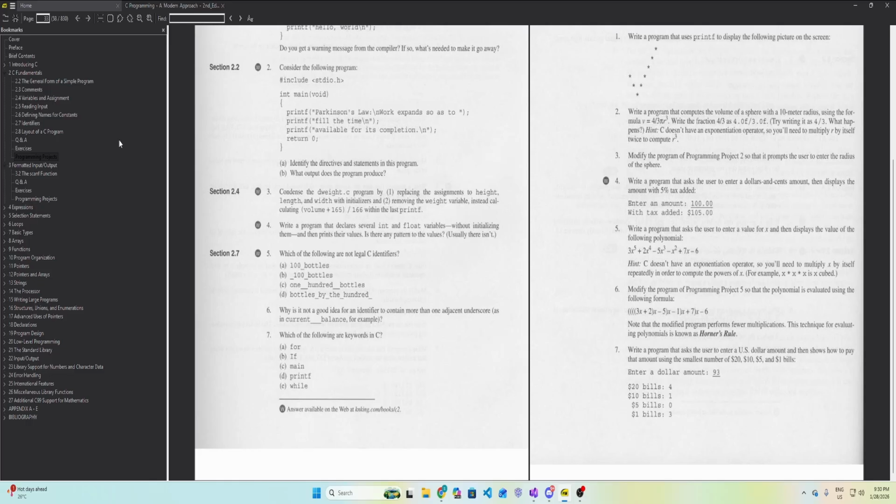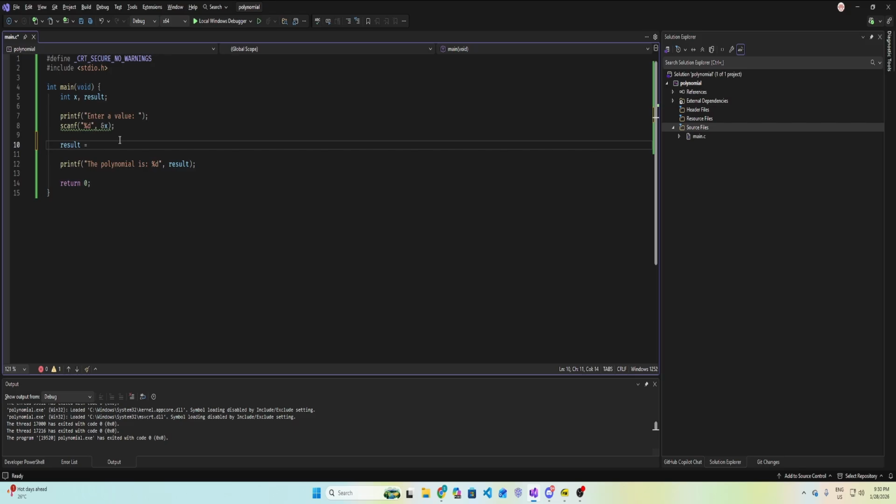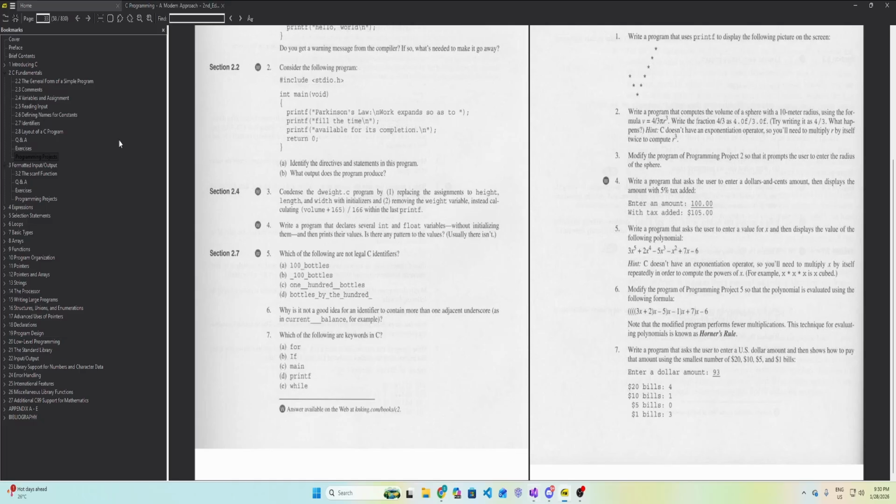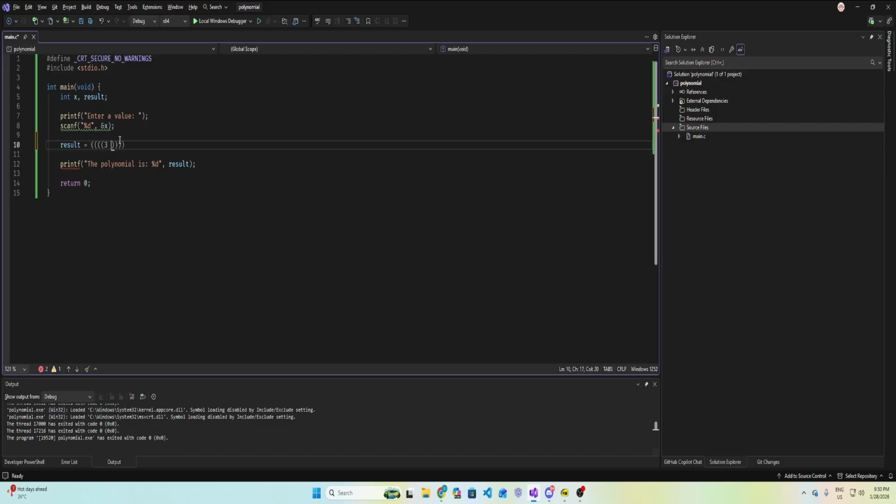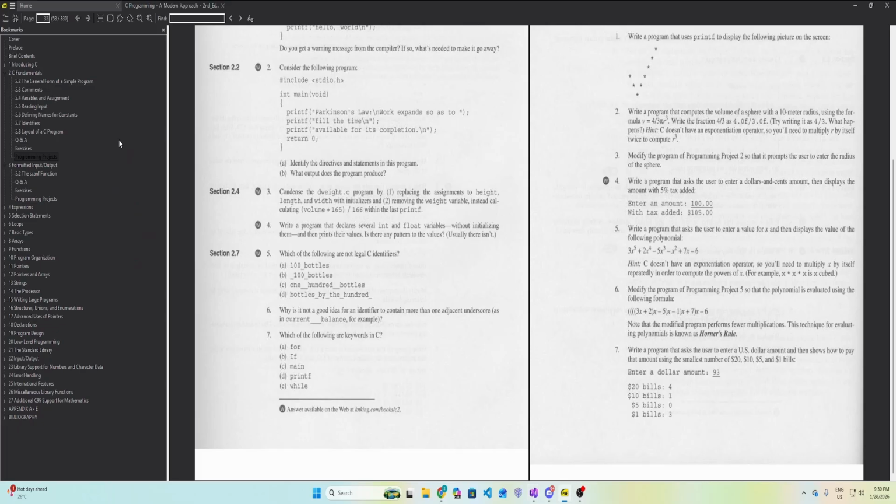I feel like there's going to be maybe an extra bracket to encase everything in code. So we're going to do 4 instead of 3, and then we start with 3 times x plus 2.